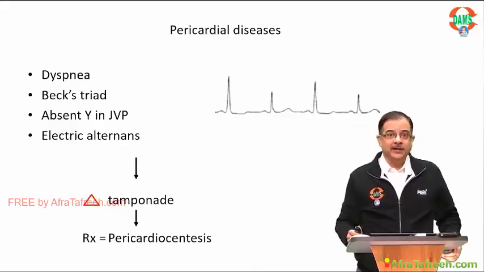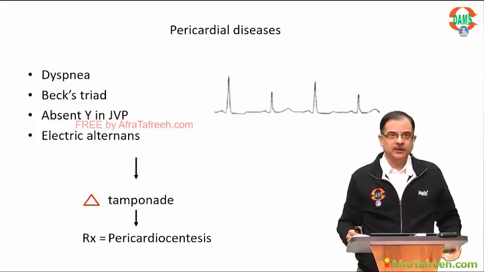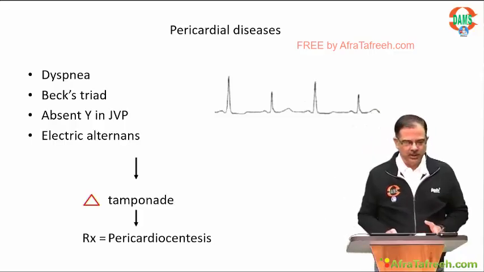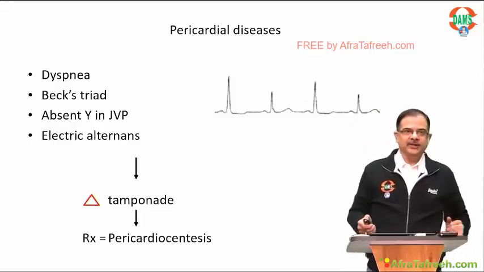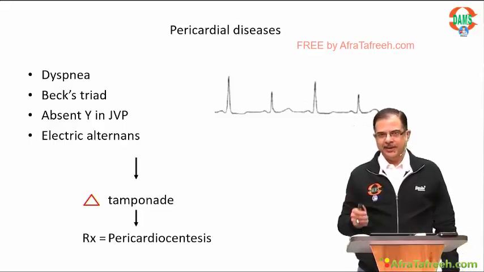They are two different things, with different findings and different causes. Pulsus alternans is seen in left ventricular failure, and electrical alternans is seen in pericardial effusion, or you can say tamponade. So this is a case of pericardial tamponade.